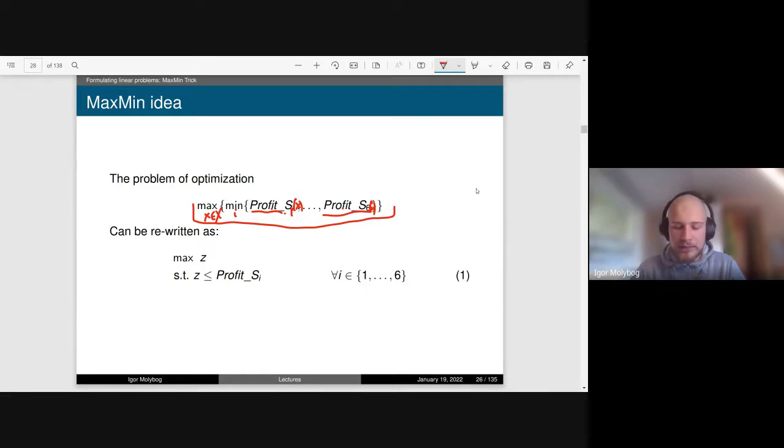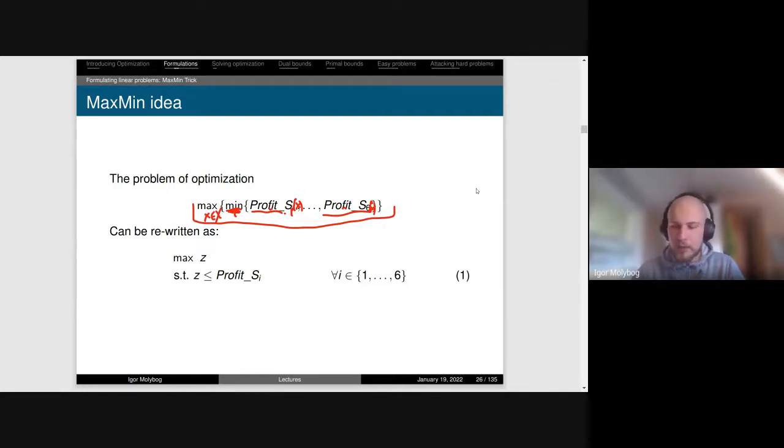The worst case is represented with this minimum over the 6 numbers, and the maximization is representing our desire to get more profit. Is the problem clear in general? Are there any questions about what exactly we are trying to do?